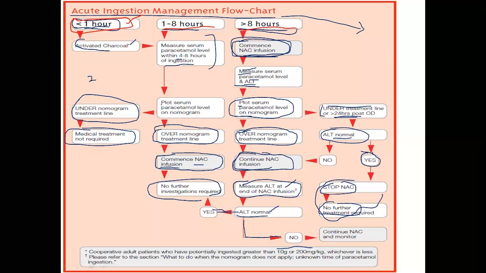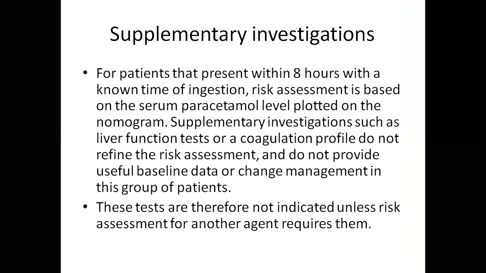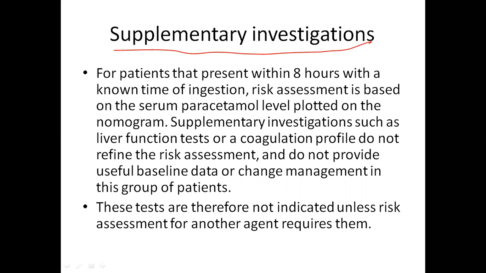So based on that, our treatment management differs. This is explained in detail. Okay, what are the other supplementary investigations? So for patients that present within 8 hours with a known time of ingestion, risk assessment is based on the serum paracetamol level plotted on the nomogram.